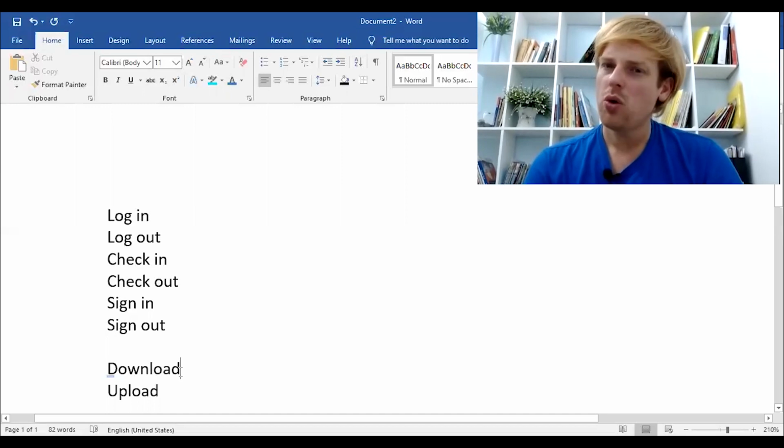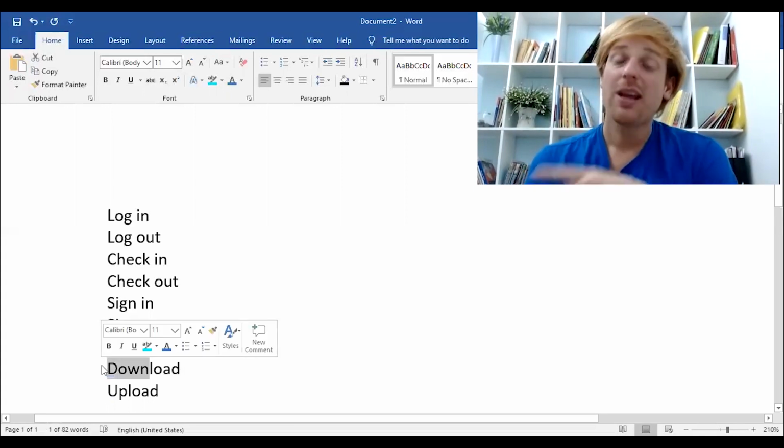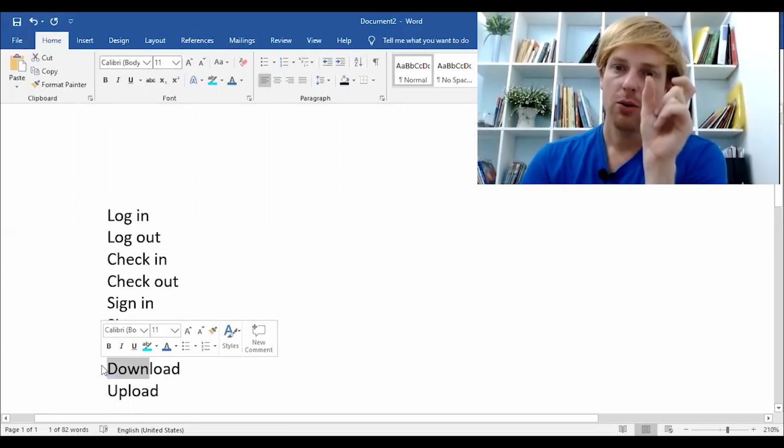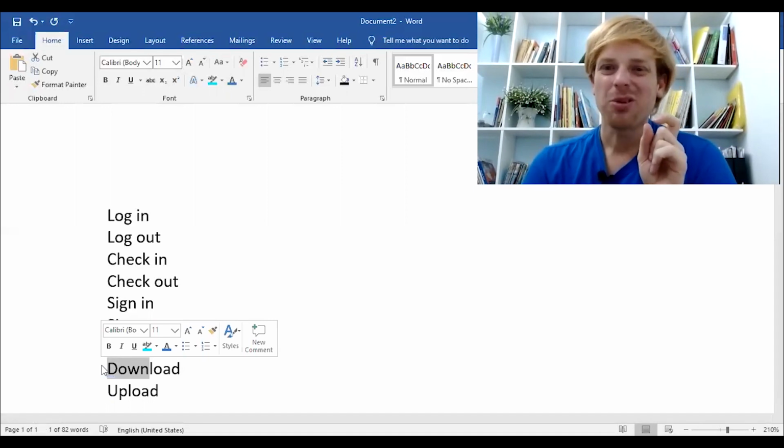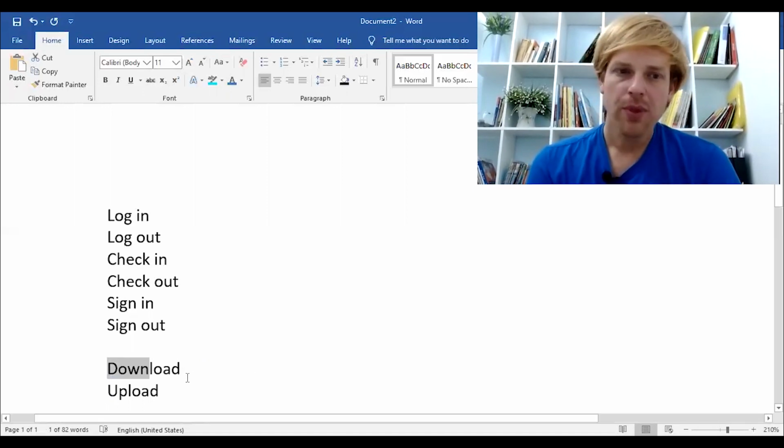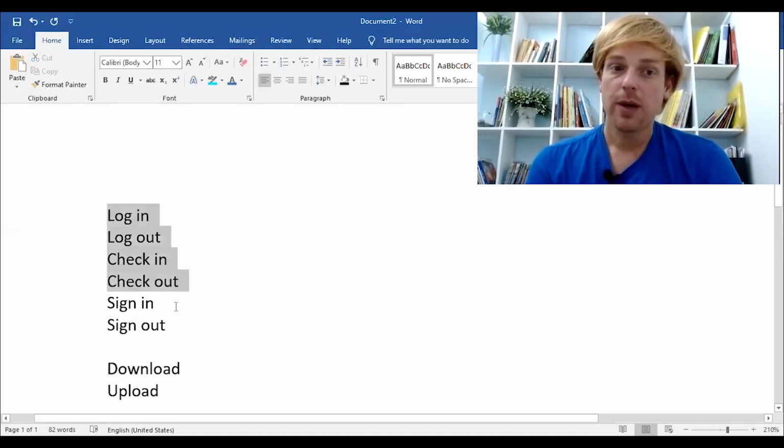Now, download and upload, okay, it's kind of a phrasal verb. You have the verb, load, and then the preposition down, but it's backwards. So that means it's just one word, download and upload. So they're not really phrasal verbs. They're just verbs. But these are all phrasal verbs right here.